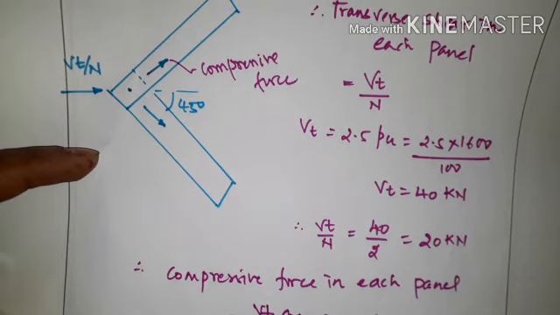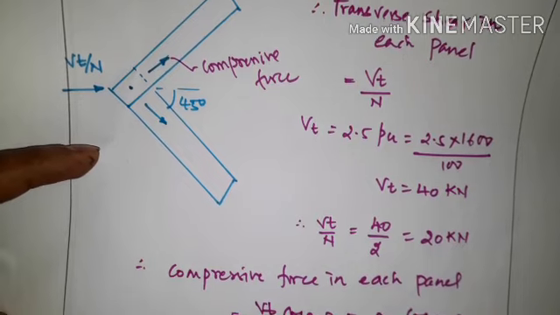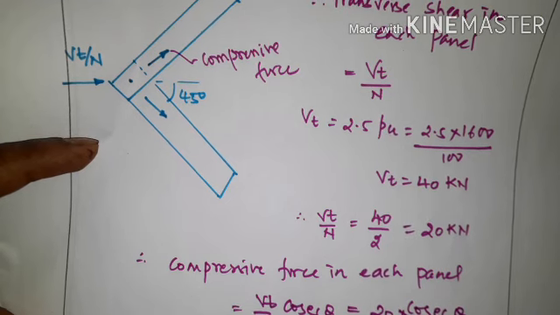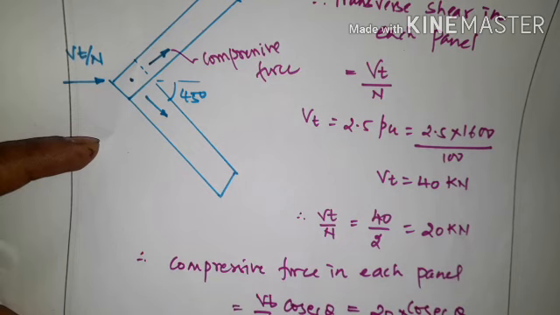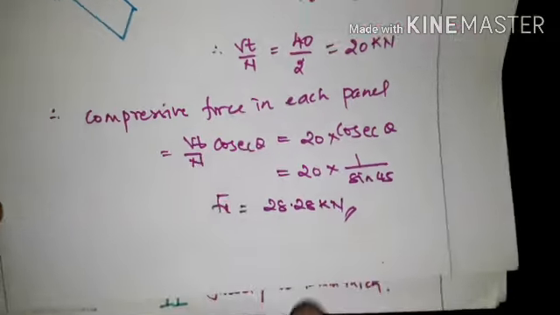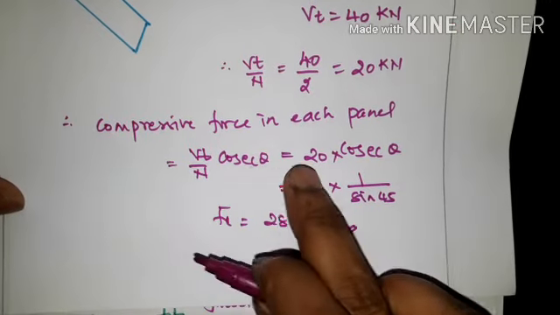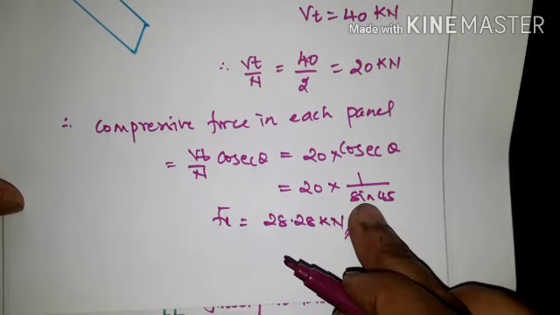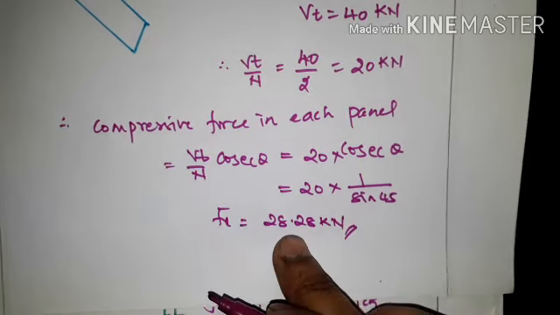Vt by n is 20, into cosec theta, which is 1 by sine 45. So we will get this force as 28.28 kilonewton. So Vt by n into cosec theta is equal to 20 into cosec theta, that is 28.28 kilonewton.